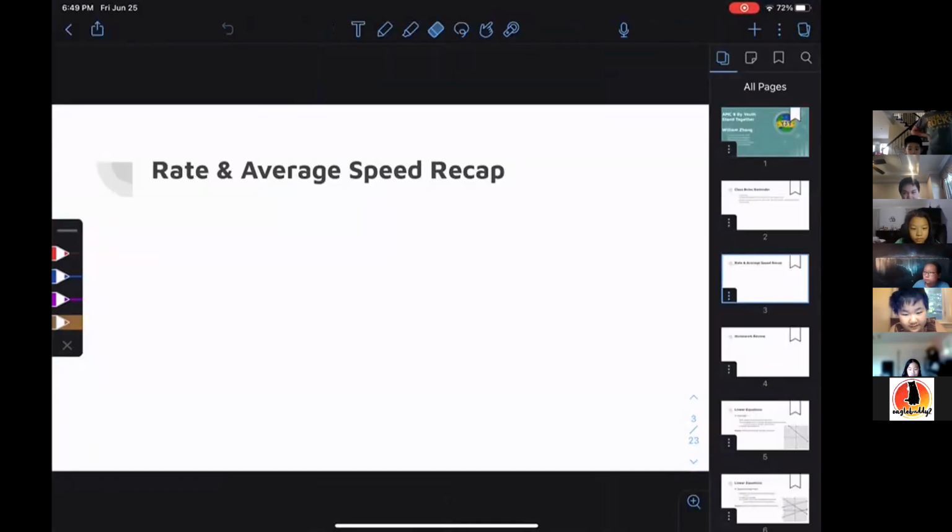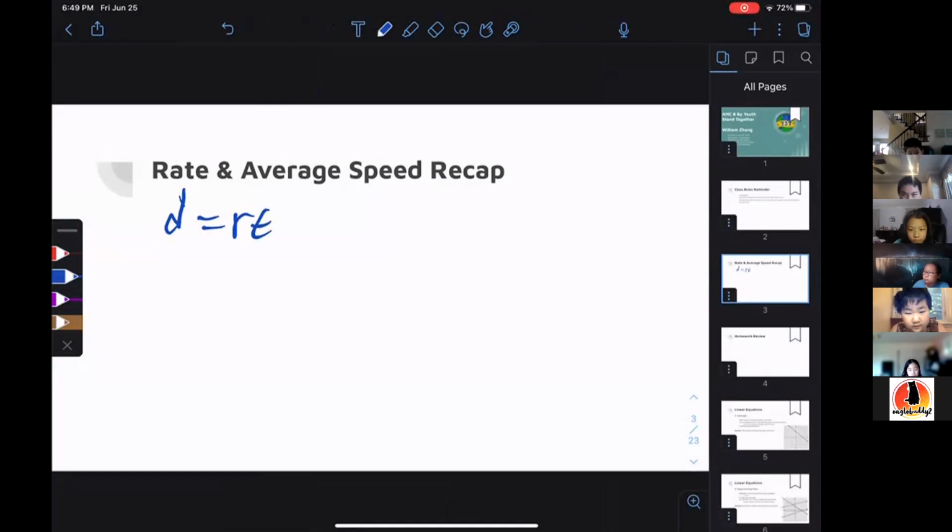All right, so for rate and average speed, last time we went over the formula D equals RT for rate and speed and time.